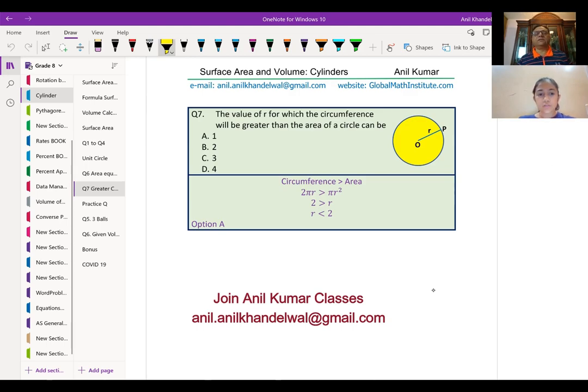Which radius will give you greater circumference than area? This is the question, right? So we want circumference to be greater than area. Circumference is 2 pi r. Area is pi r square. Solving, 2 is greater than r, so the radius is less than 2, right? So 1 is the answer. Less than 2. At 2, both are equal. So that is how you can see it.